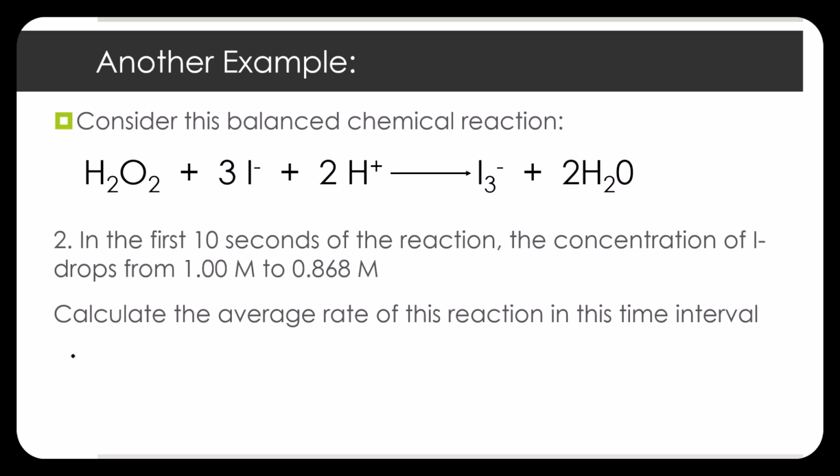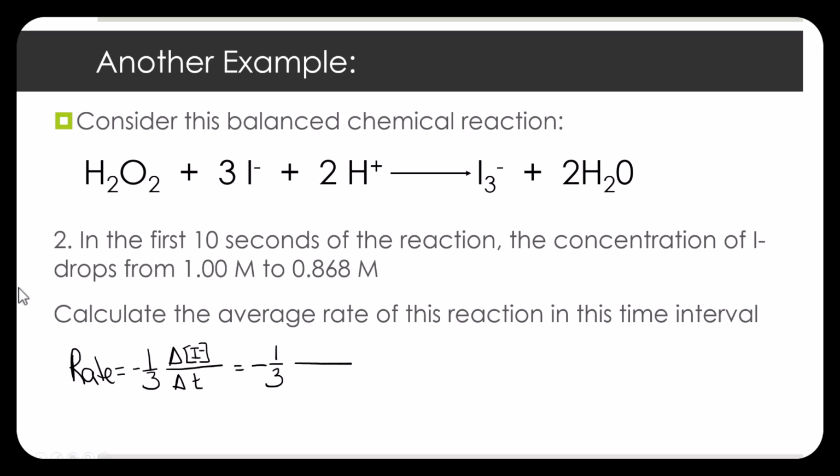All right, so we're going to start with our equation. Rate equals -1 over 3, change in concentration of iodine over change in time. So I'm going to rewrite this stuff in the beginning, and then I'm going to be a little bit more explicit about the second half of this. Change in concentration of iodine is final minus initial.